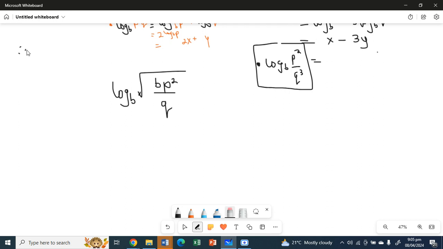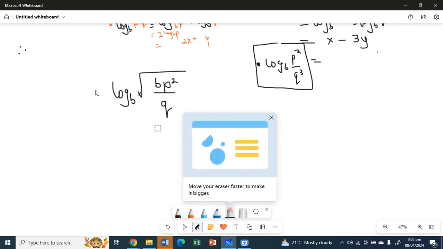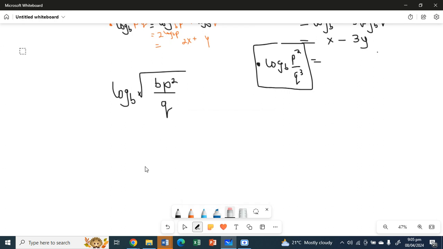It states that the square root of a times the square root of b equals the square root of ab.